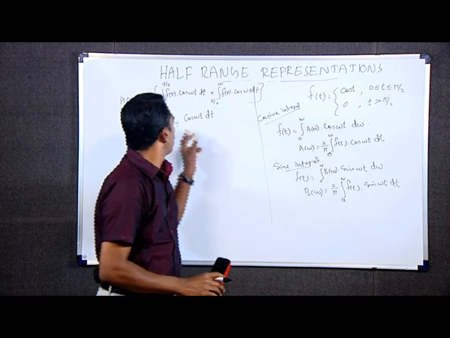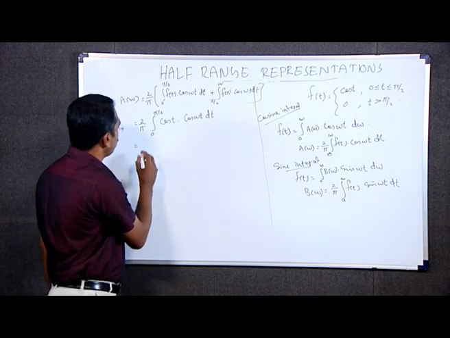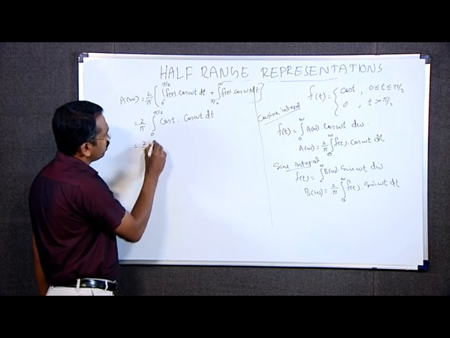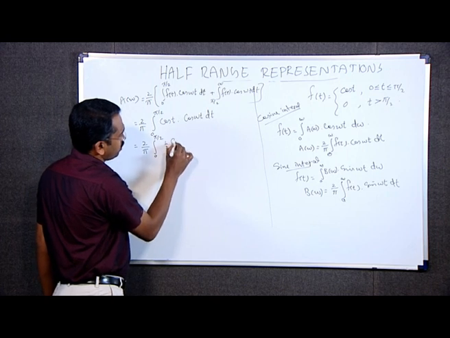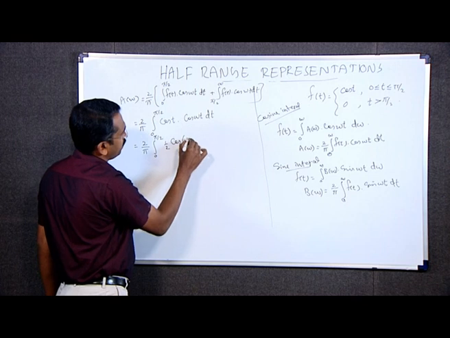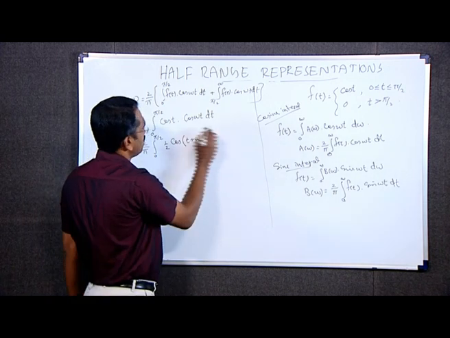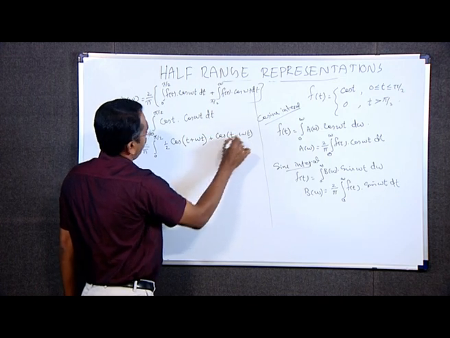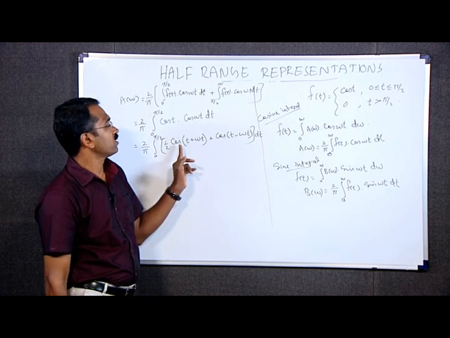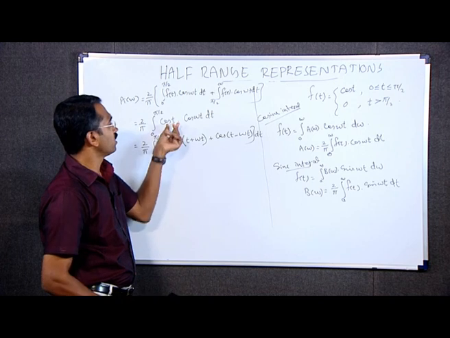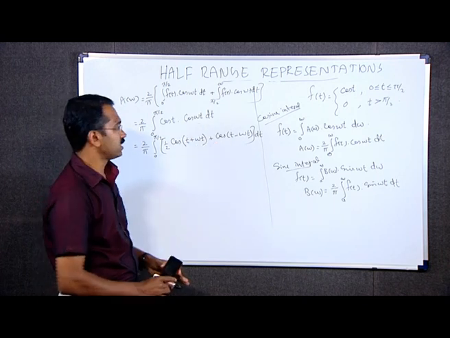Here this is of the form 2 cos A cos B. Two cos A cos B is cos A plus B plus cos A minus B. Therefore, this is equal to integral from 0 to pi by 2 1 by 2 into cos t plus omega t plus cos t minus omega t dt.